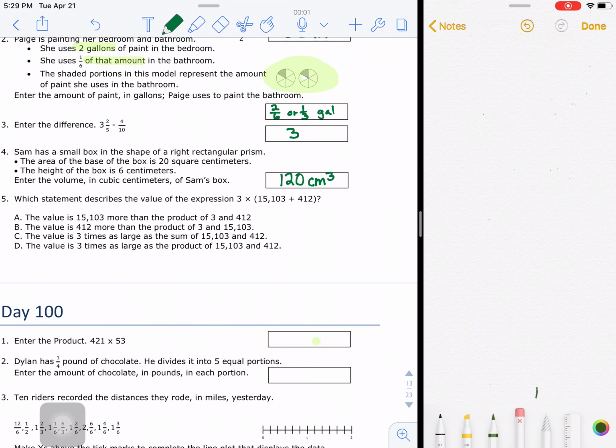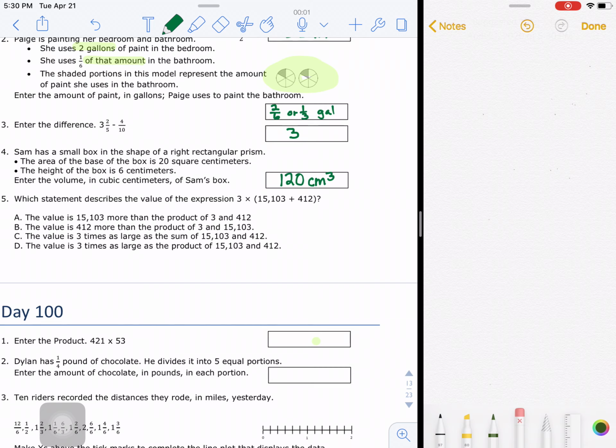And what we notice is we have both multiplication and addition. So order of operations dictates that we do what's in parentheses first. So as we look at what's in parentheses, how would you describe that?